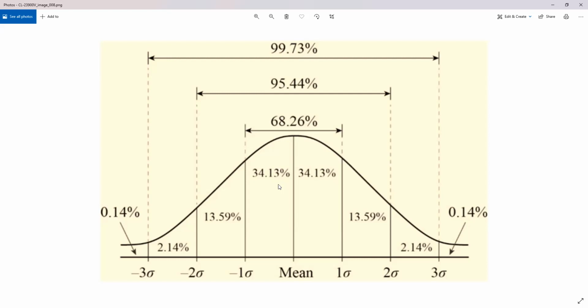I'll repeat that point once again. 34% of the population is falling one standard deviation less and one standard deviation more than the mean, because I have 34.13% of the population at 1.4 and 34.13% at 1.6, meaning from 1.4 to 1.6 I have 68% of the population. Out of the total 1000 girls, 680 girls or 682 girls are falling under 1.4 to 1.6. Did you understand till here?